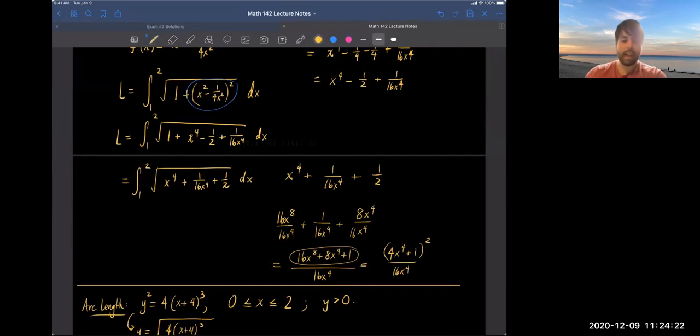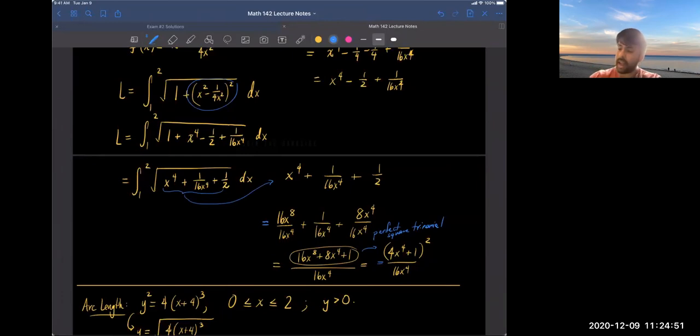It's just that it's a lot of algebra. Does everybody see what I did? I looked at the interior of my square root, and then all I did was I wrote it as a single fraction. And I noticed that this is a perfect square trinomial. So again, your algebra skills have to be on point for this.